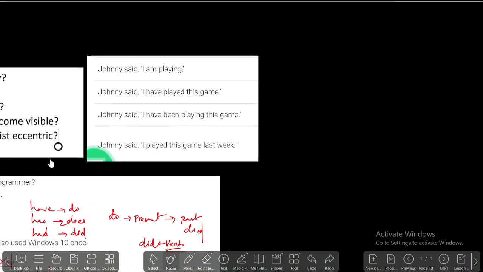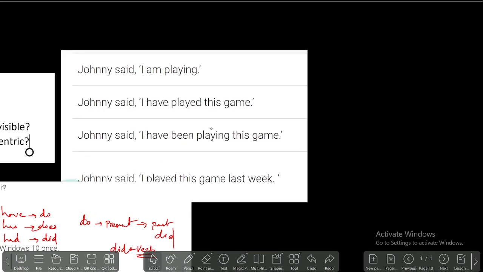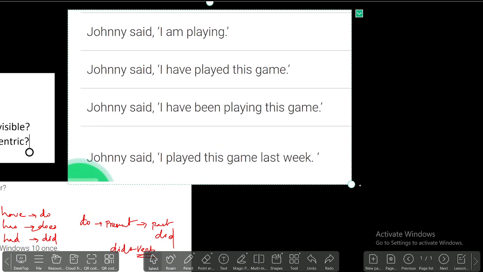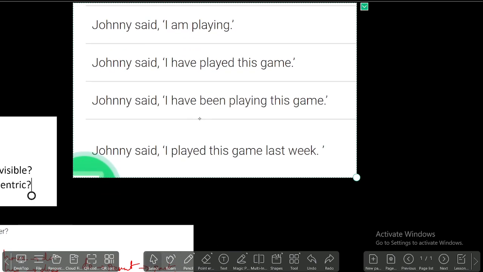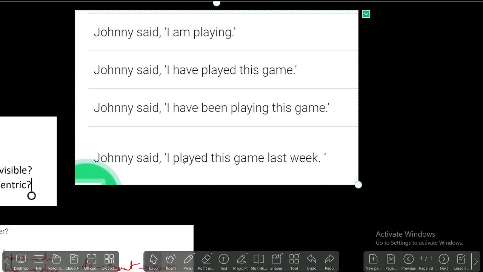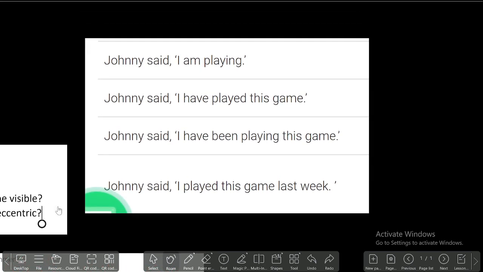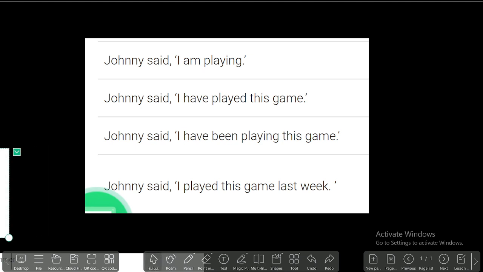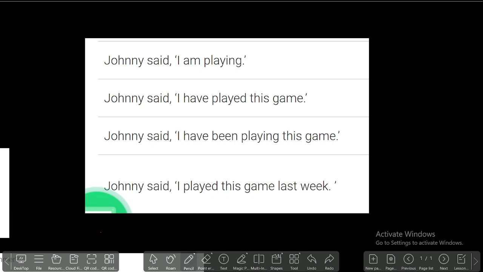this question. I hope many of you have written the right answer for this question.